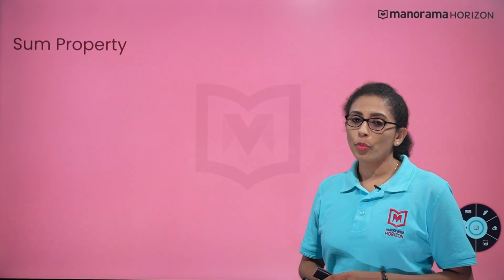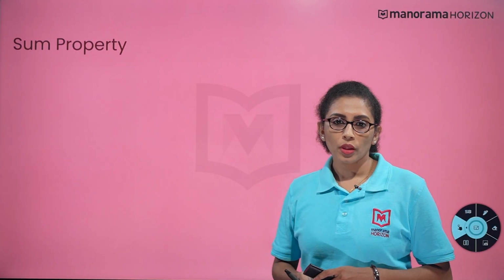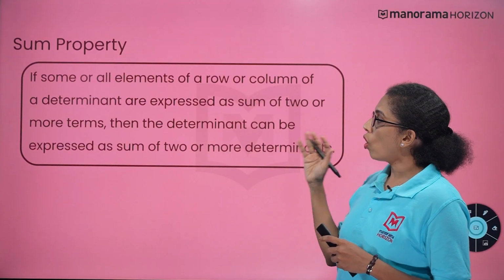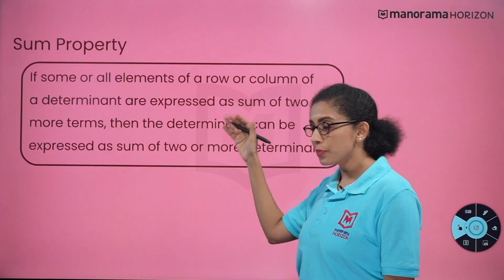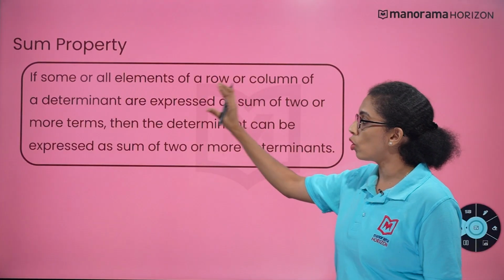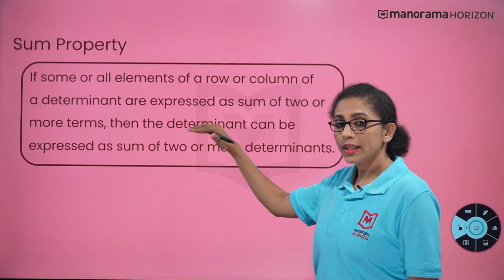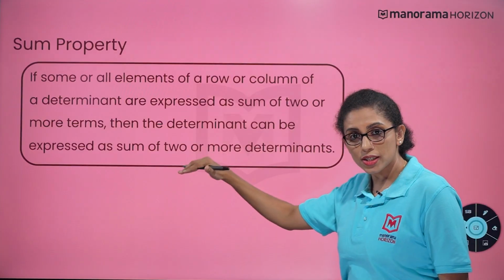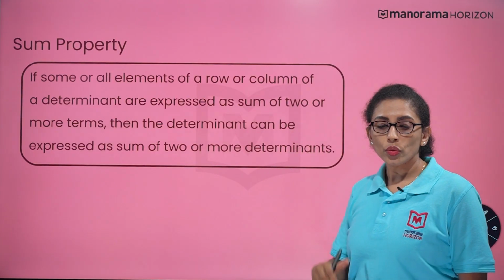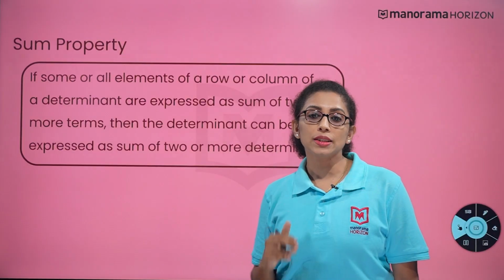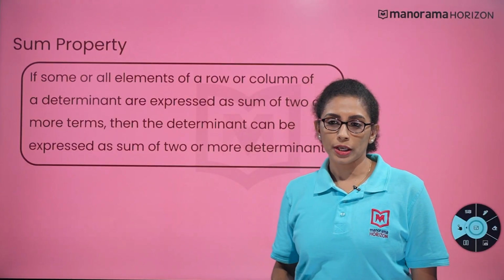Now, let's talk about the sum property. If all elements of a row or a column of a determinant are expressed as sum of two or more terms, then the determinant can be expressed as sum of two or more determinants. We'll see one example to get a better understanding of this property.